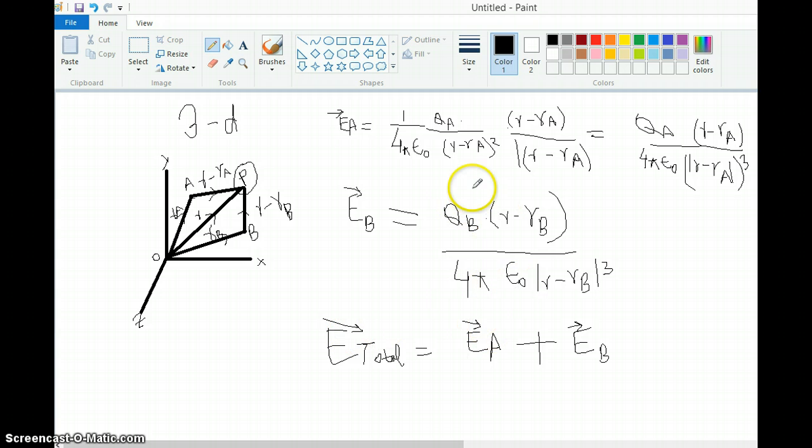So basically I'm going to plug these values in there, and then I'm going to make a program in VPython so that when I plug in the values, the program is going to calculate for me the electric field on that point due to two different charges.